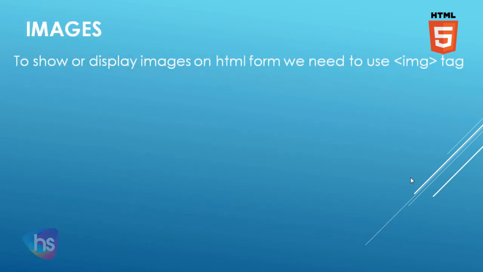The images. To show or display images on an HTML form, we need to use the img tag. The tag name img we need to use. Here the image tag will be displayed.